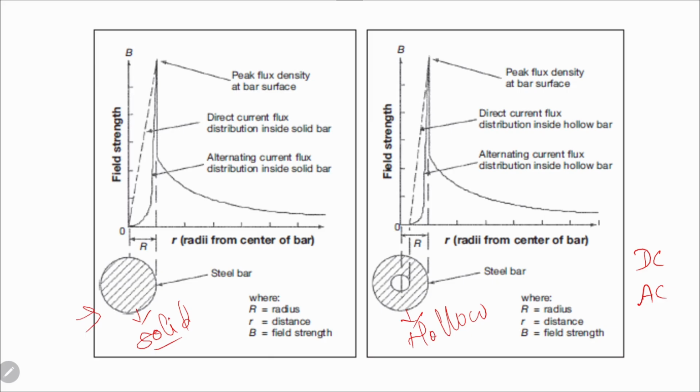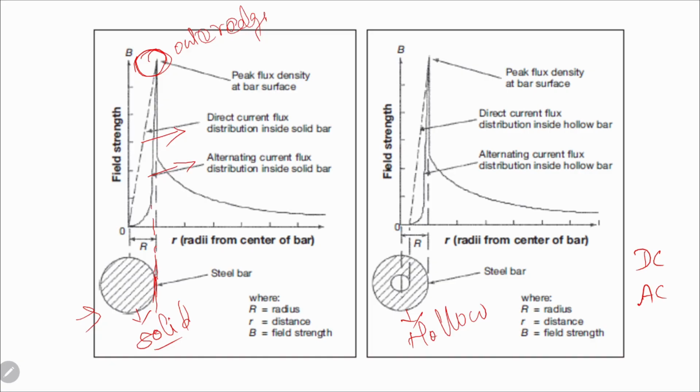The graph shows a sharp peak at the surface. This is the outer edge, meaning the strongest magnetic flux density is always at the bar surface. This is the AC current and this is the DC.